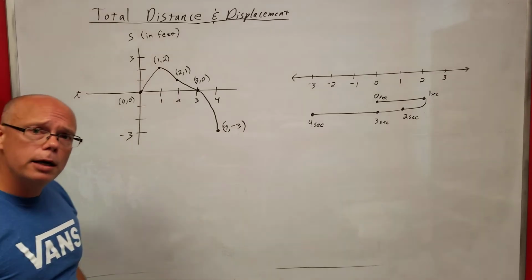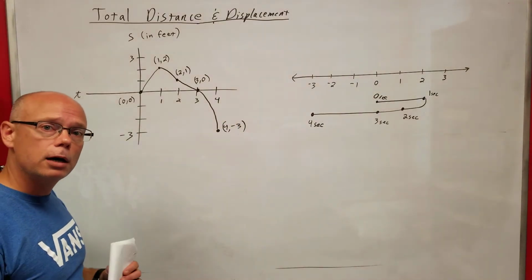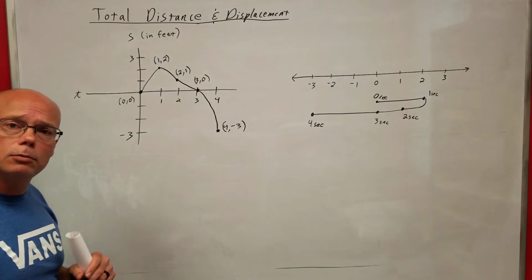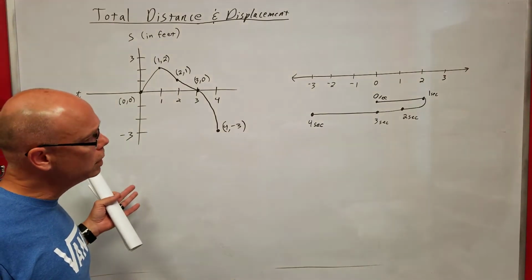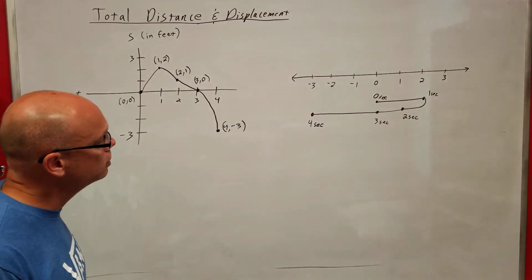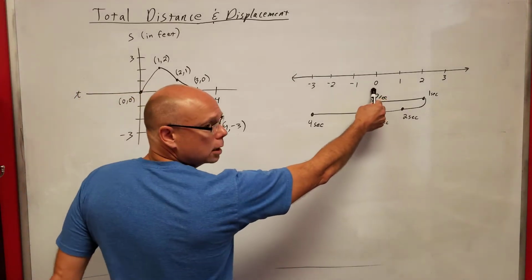Now, how would you describe the total distance traveled by the particle? And how would you describe the displacement? Well, for the displacement, what you would say is, okay, where did it start? And then where did it end? How far apart are those basically, okay? So let's see, it started at 0 on the number line.